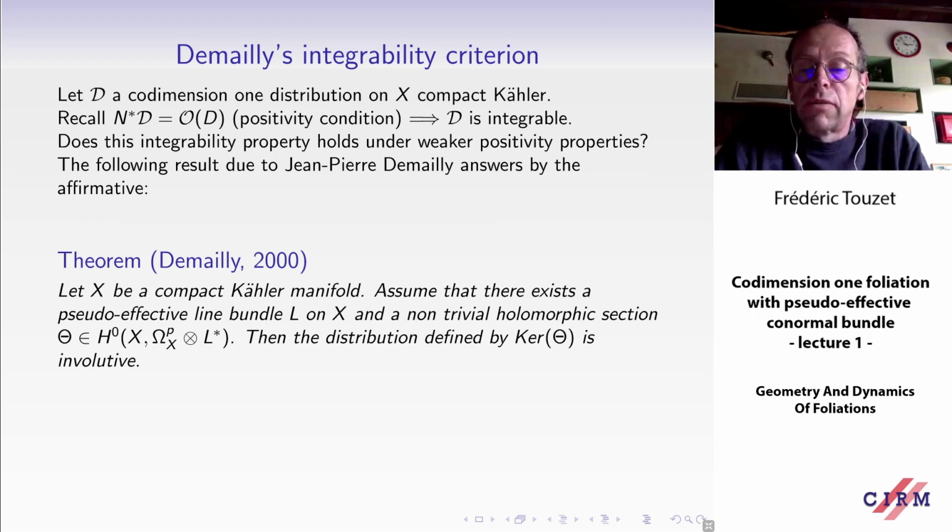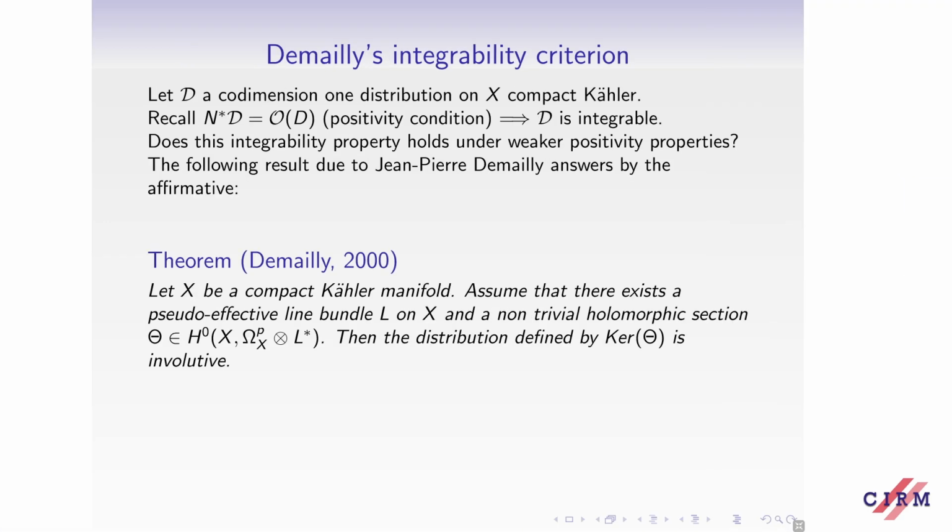Then we can conclude that the distribution defined by the kernel of theta is involutive. In fact, I will use this result for holomorphic one-forms, but the result holds for every degree.